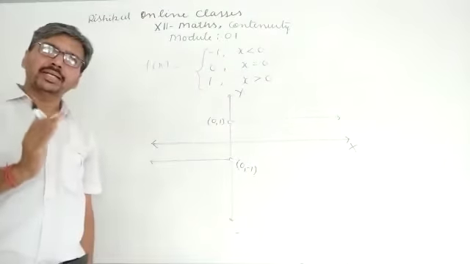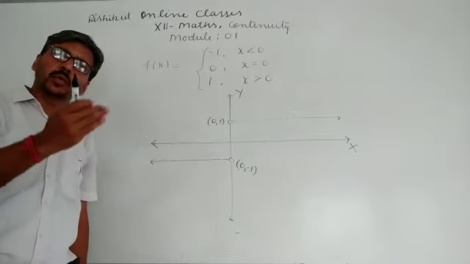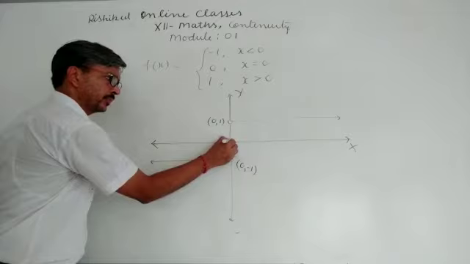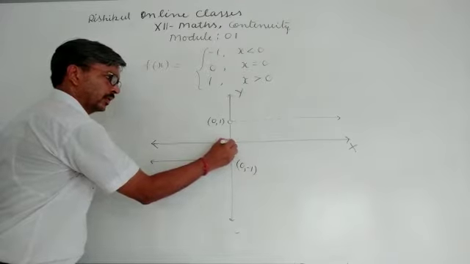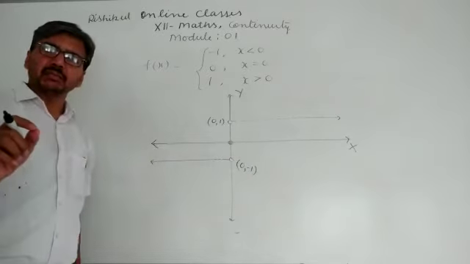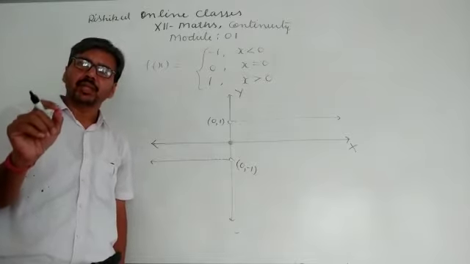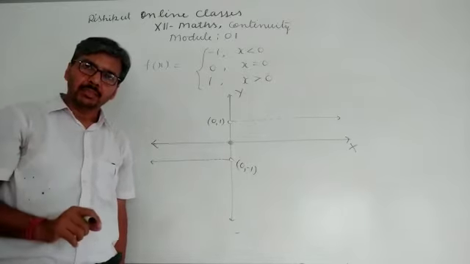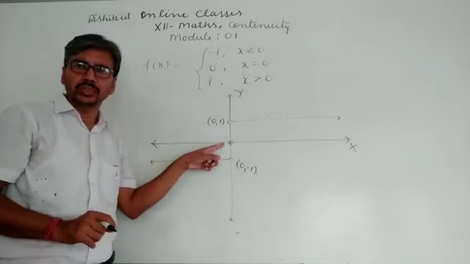But when I reach x equal to 0, this is x equal to 0, there is a jump, or we can say there is a break in the graph at the point x equal to 0.